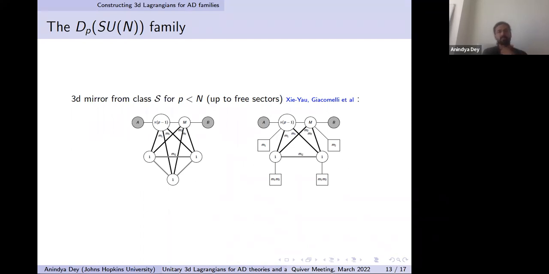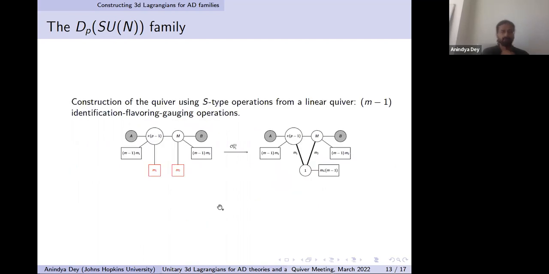So this is the class S object. Now, question is, how do you construct such an object from a given linear quiver using the class S operations? And that's done in the following fashion. So look at this object. This is a linear quiver. I again play with the flavor symmetry in this fashion and break up the M1s into M1 U1s, the M2 into M2 U1s, identify flavor and gauge.